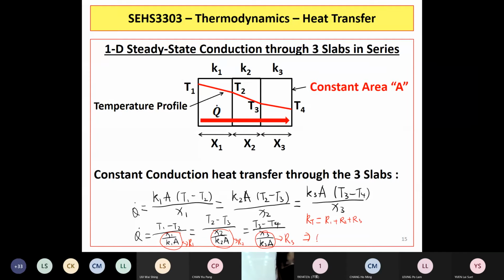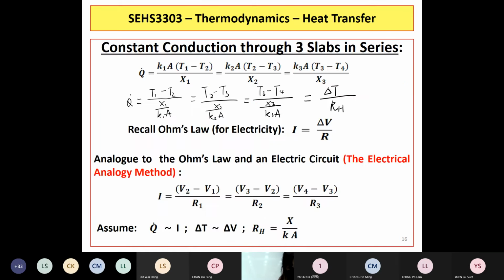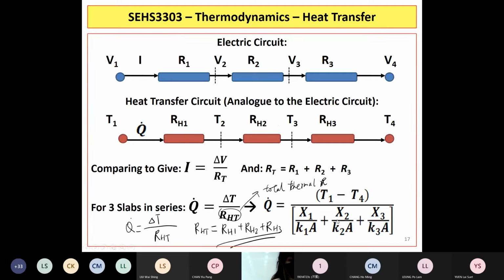So now we can get the heat transfer rate. That should be the delta T divided by R total, right? If we plug these equations into this one, we can get these equations to calculate the heat transfer rate.